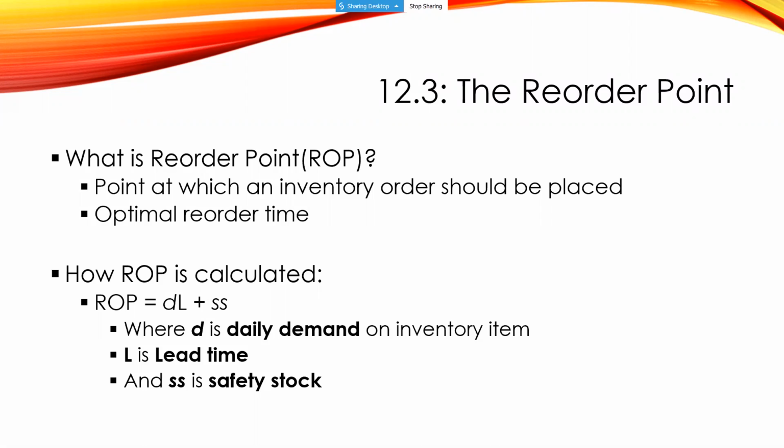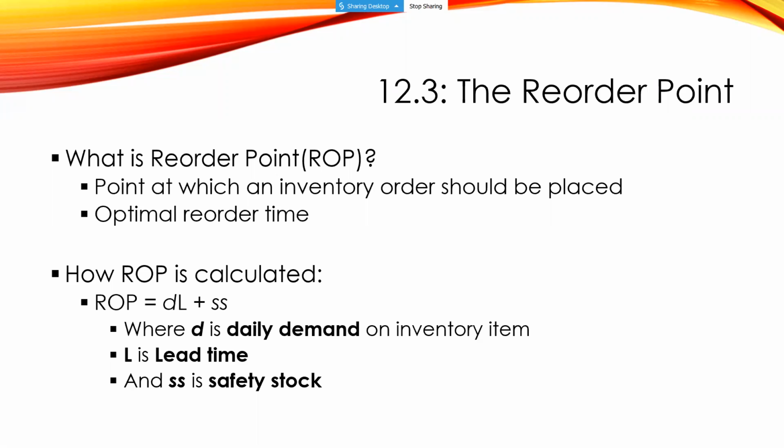For section 12.3, which is reorder point. How low does our inventory get before we order it again? So we need to know daily demand, lead time, how long is it going to take once we place the order to get the goods? And SS being safety stock.